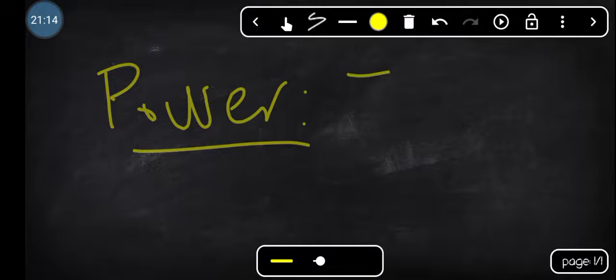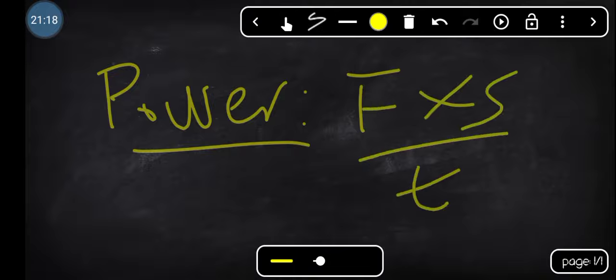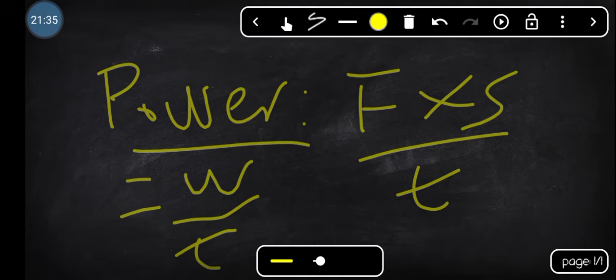So we have force times distance over time. So power is equal to work over time. Power is equal to force times distance over time.